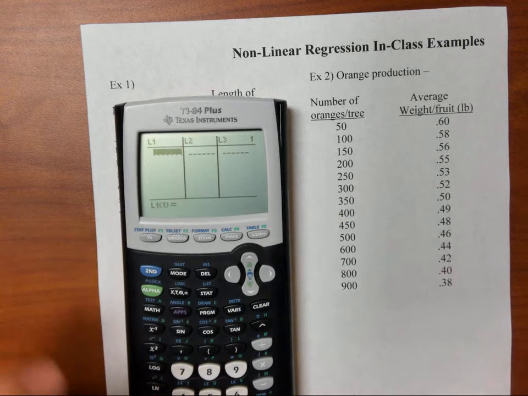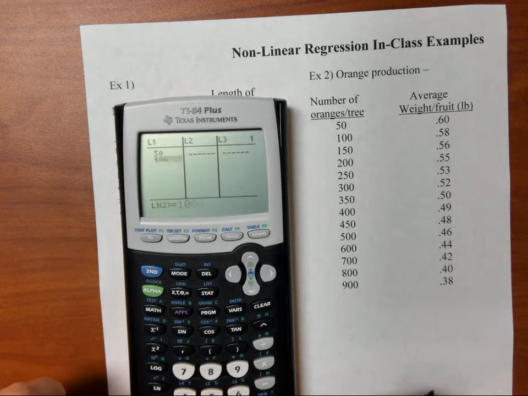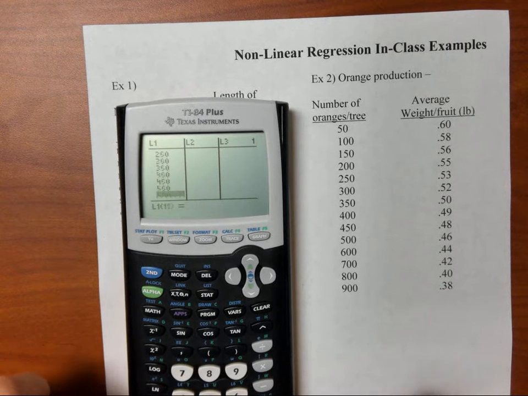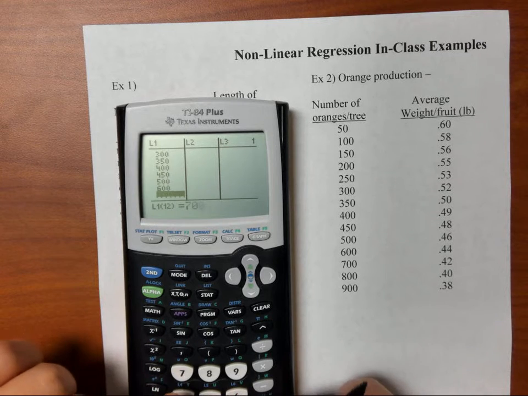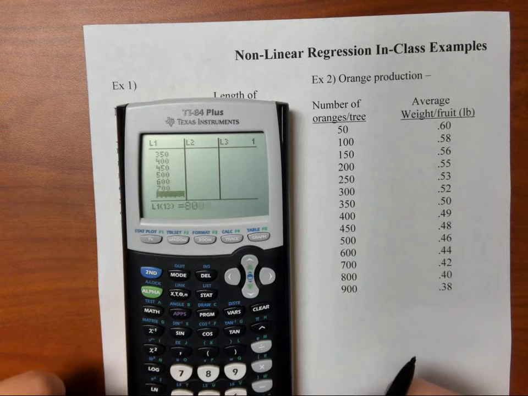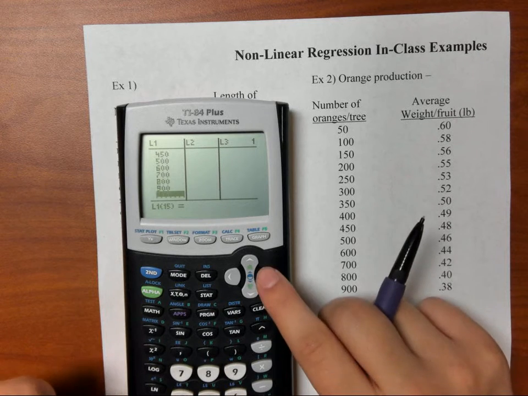So I will type this data in: 50, 100, 150, 200, 250, 300, 350, 400, 450, 500, 600, 700, 800, 900.